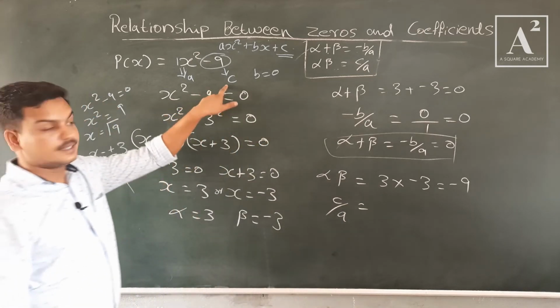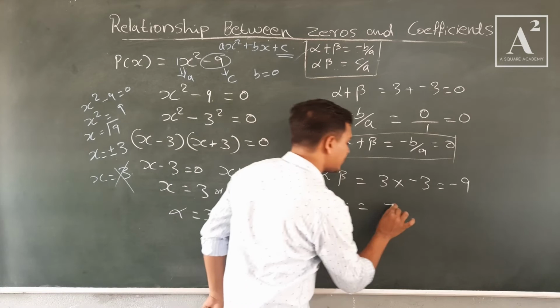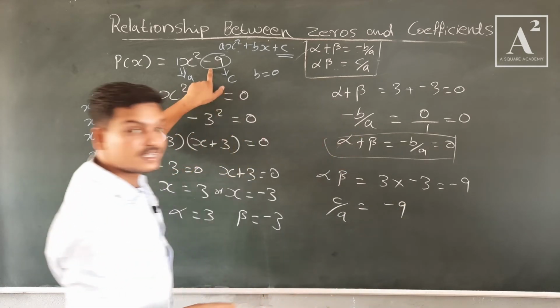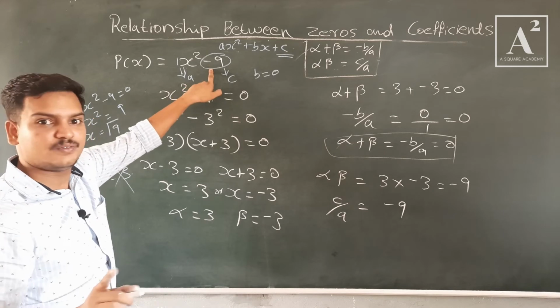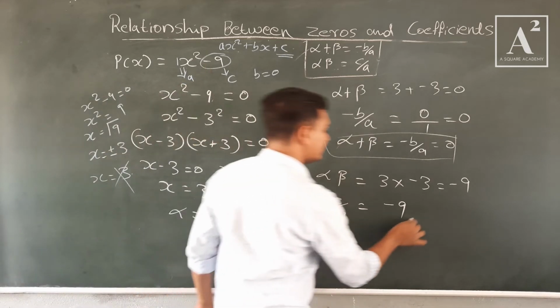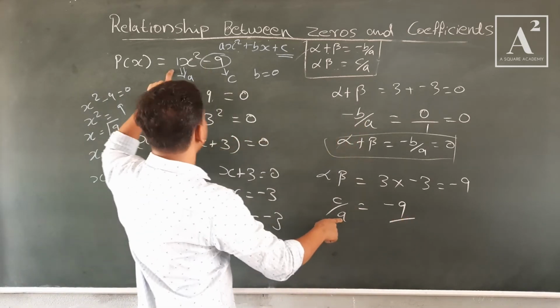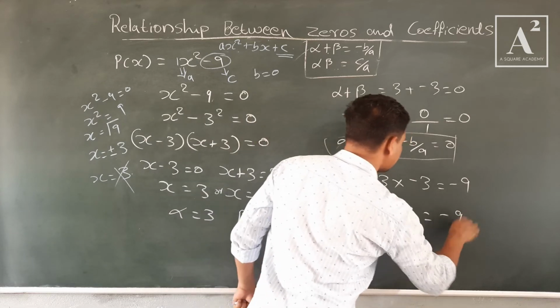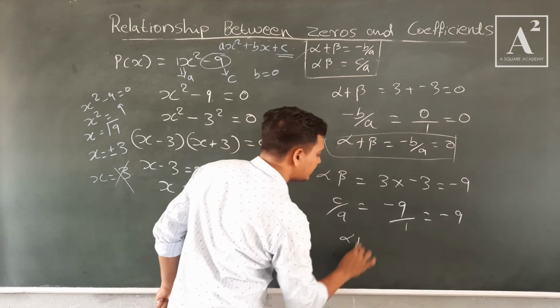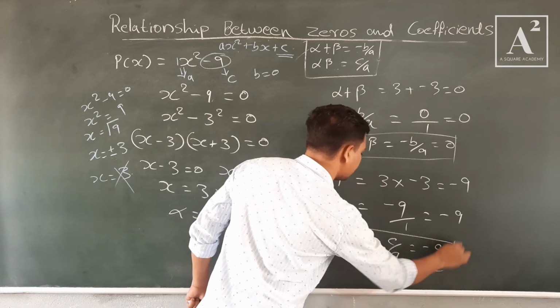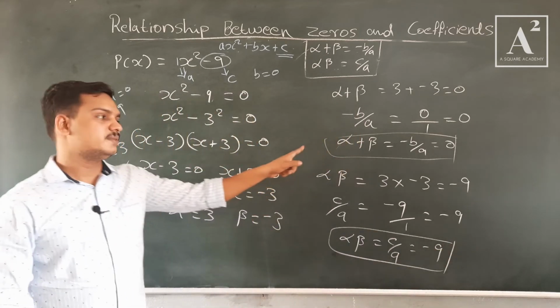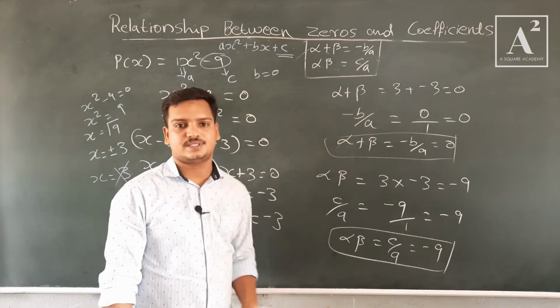C is the constant term, that is minus 9 along with sign. We are carrying it along with sign always, okay. So minus 9 divided by a, which is 1, so that is equal to minus 9. So we got alpha beta is equal to c by a, that is equal to minus 9. So we verified the relation between zeros and coefficients here, okay.